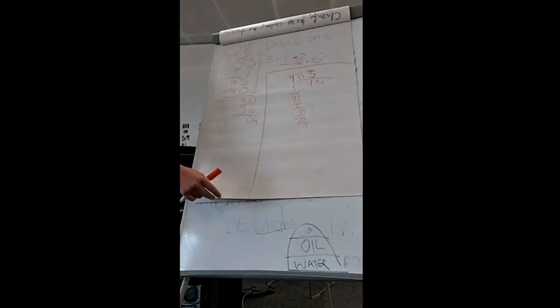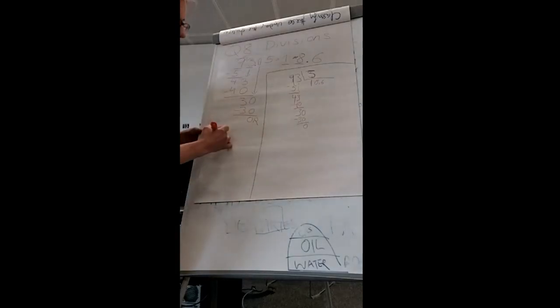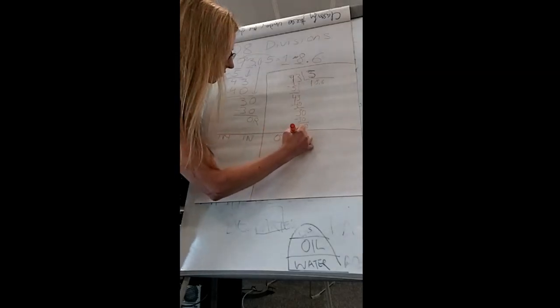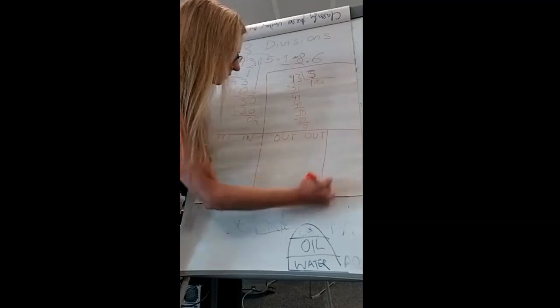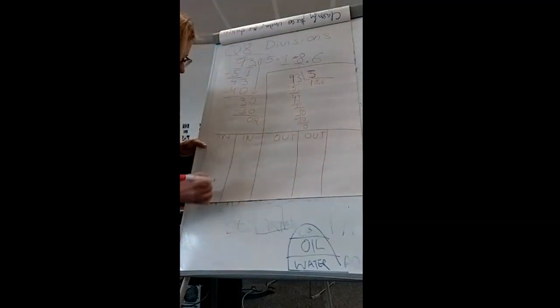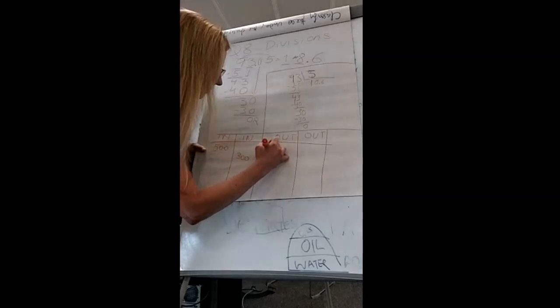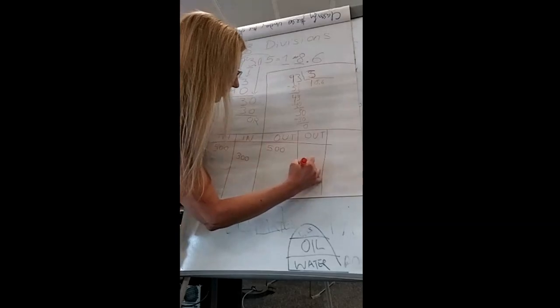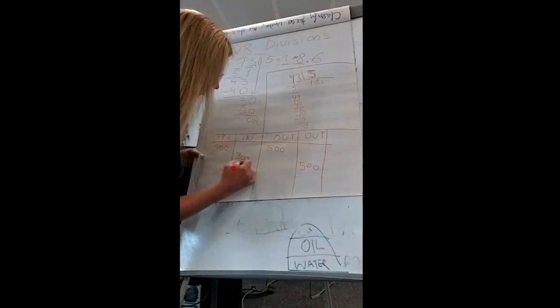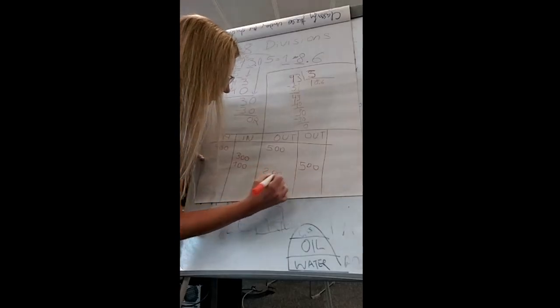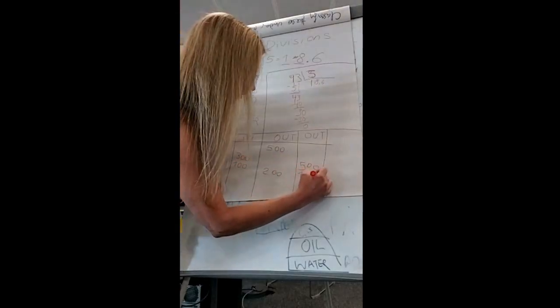Minus could be, for example, in, out, out: 500, 300, 500, 500, 100, 200, 100.